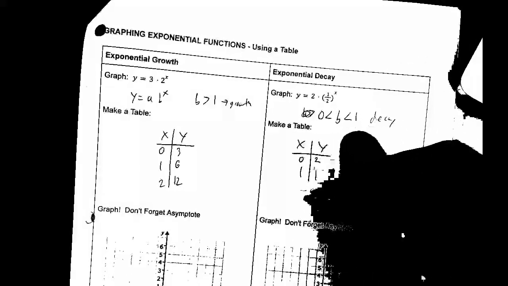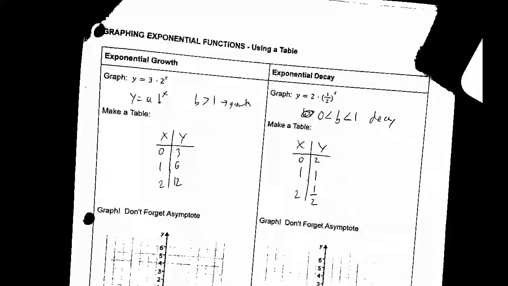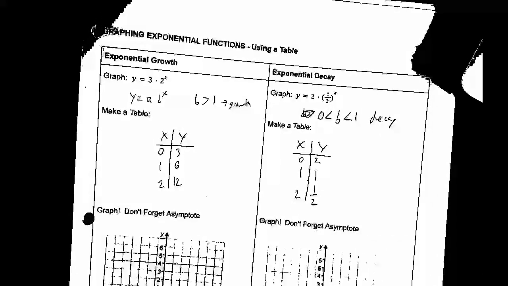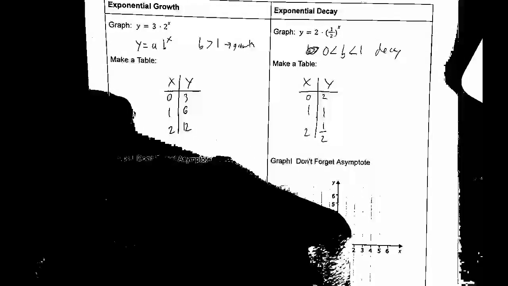Over here, plug in a 0, we're going to get a 2. Plug in a 1, you're going to get a 1. And plug in a 2, you're going to get a 1/2. Okay? So now we can kind of sketch from here. 0, 3, 1, 6. So it's going to be kind of shooting up, right? And as we move to the left, it is going to approach 0, like that.